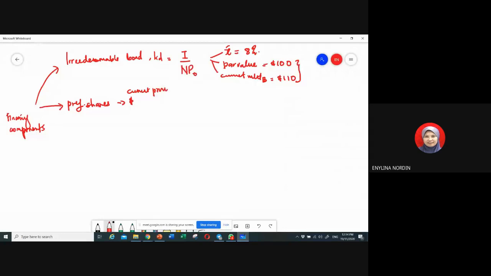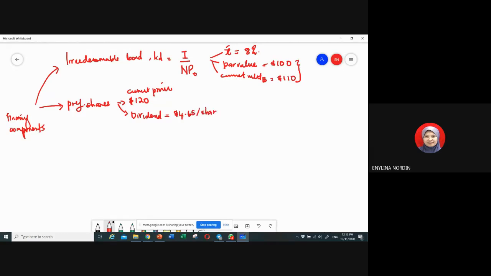And the dividend paid is 4 ringgit and 65 cents per share to the preference shareholders. This dividend is already calculated for you.